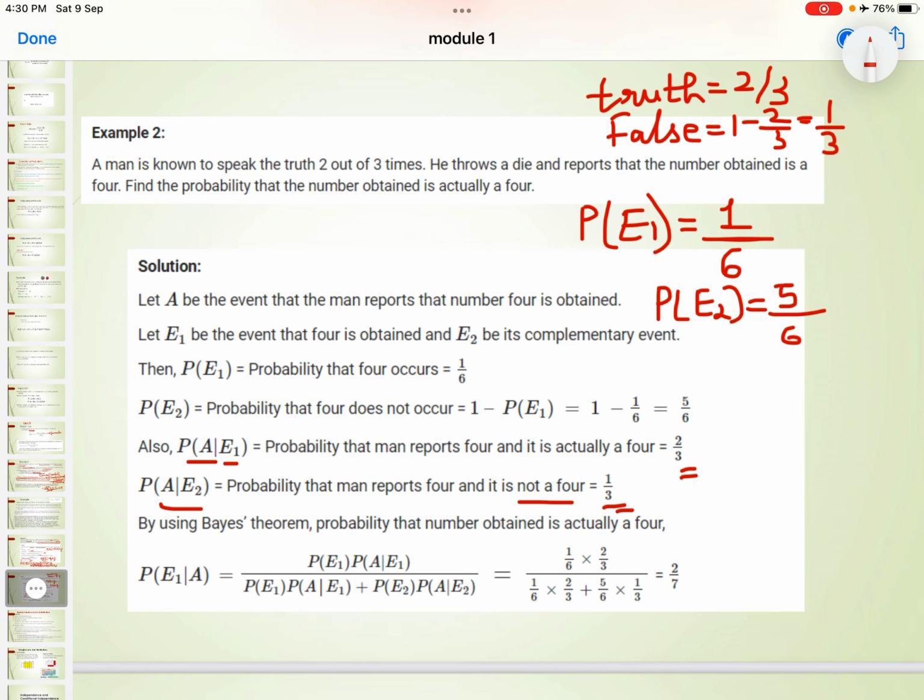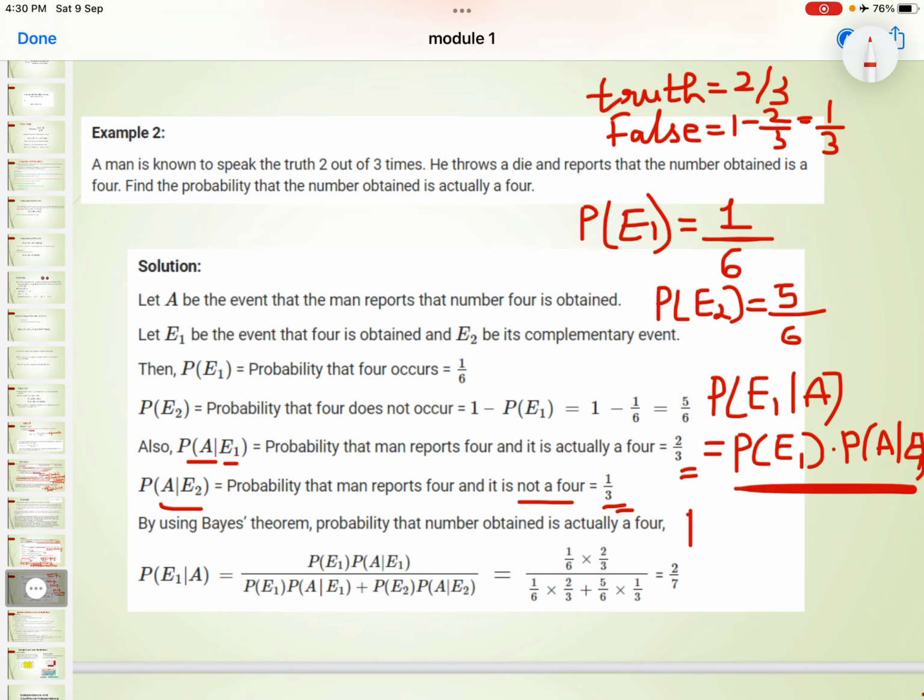You need to find the probability that the number obtained is actually a 4. So probability that the number is a 4 is equal to P of E1 into P of A given E1 upon probability of E1 into probability of A given E1 plus probability of E2 into probability of A given E2, which will be equal to what?